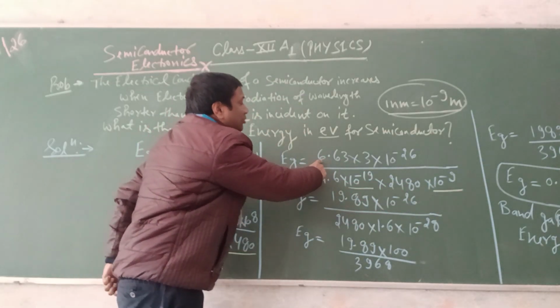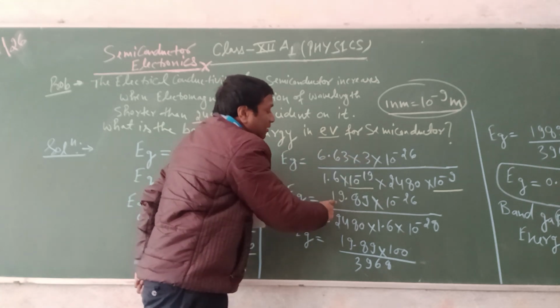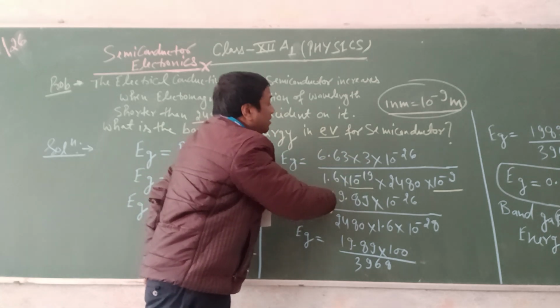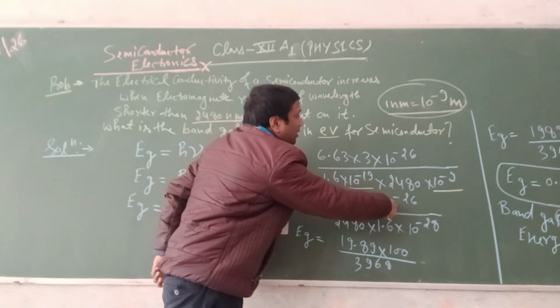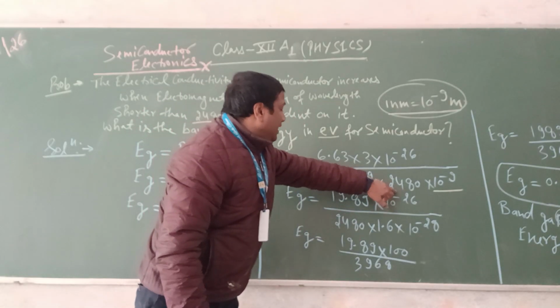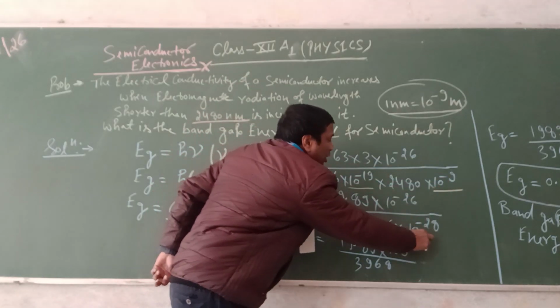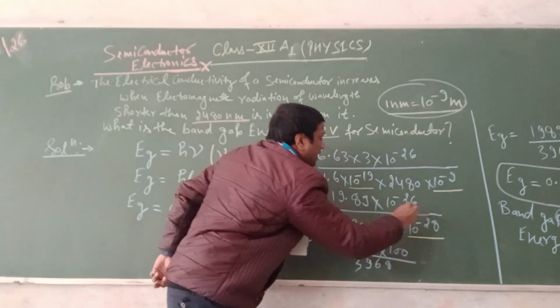Now 6.63 into 3, when multiplied, is 19.89. So 19.89 into 10 to the power minus 26, divided by 1.6 into 2480 into 10 to the power minus 28.